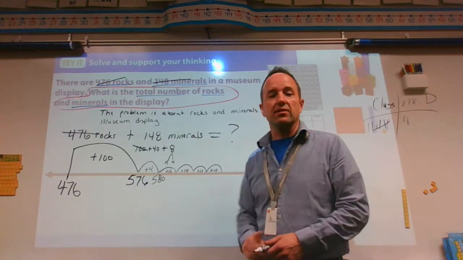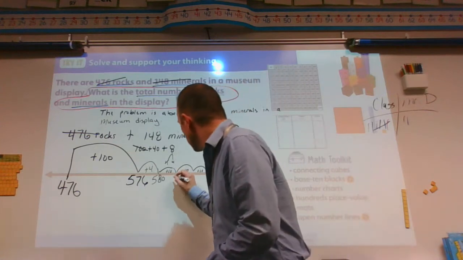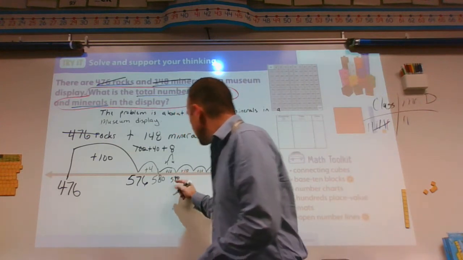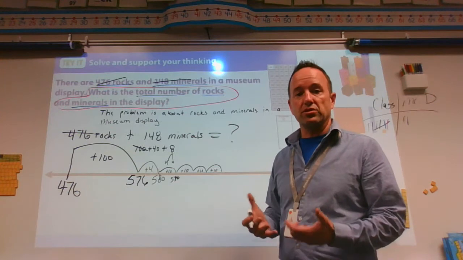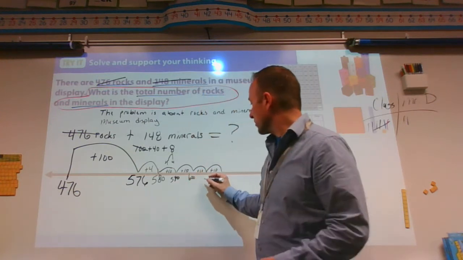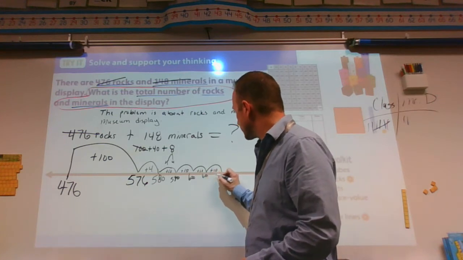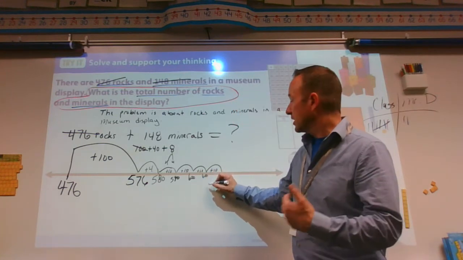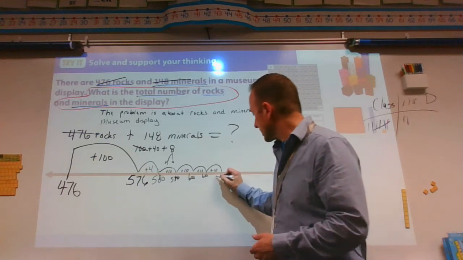580 plus 10 is 590. 590 plus 10 now takes me to 600. 600 plus 10 gives me 610, and 610 plus 10 gives me 620.